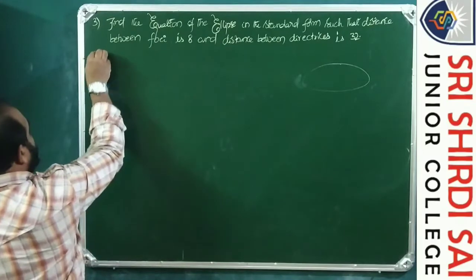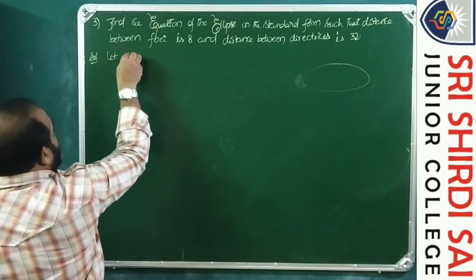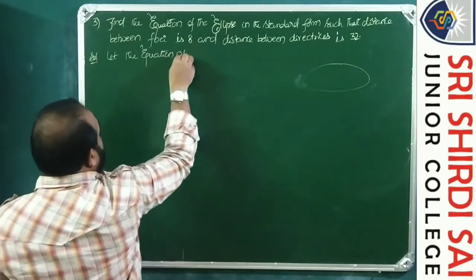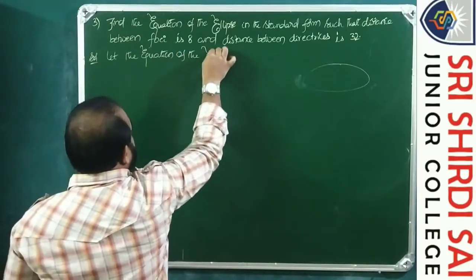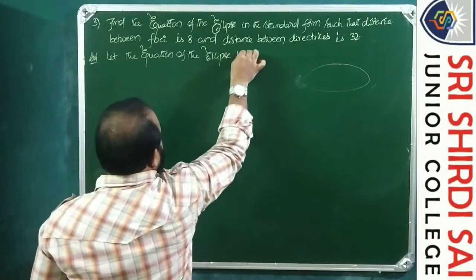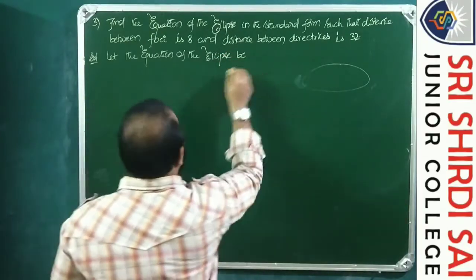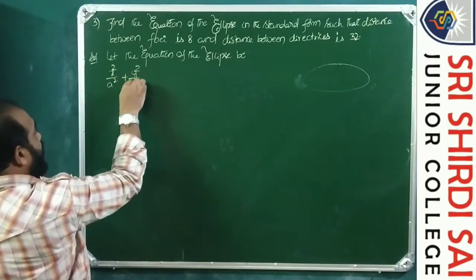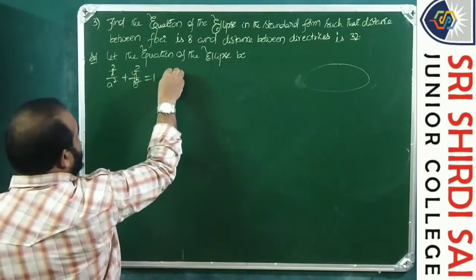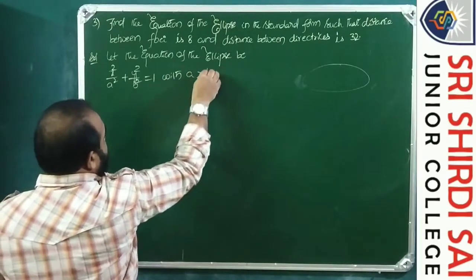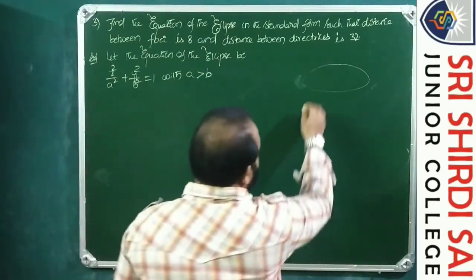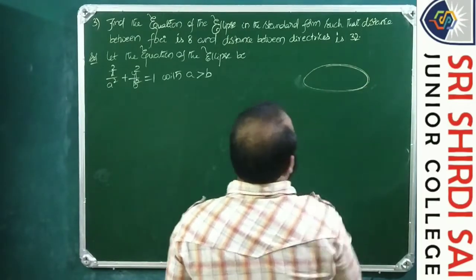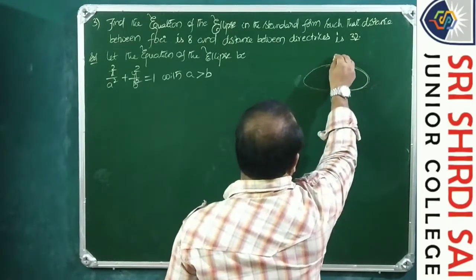So, let the equation of the ellipse be x square by a square plus y square by b square equals to 1 with A greater than B. So let us take this is the equation of the ellipse.